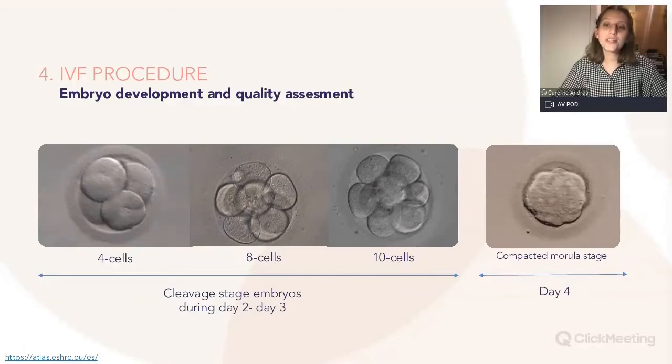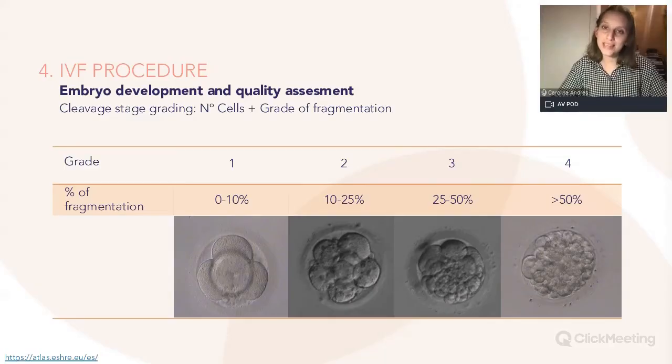So concerning the quality during the first days, at the cleavage stage grading, what we do is check the number of cells. They must have a correct number of cells for the day they are. It's very important for us to know, because if they're going very quick or very slow, that's also an indicator for us about their quality. But we will also take into account the percentage of fragmentation in the embryo.